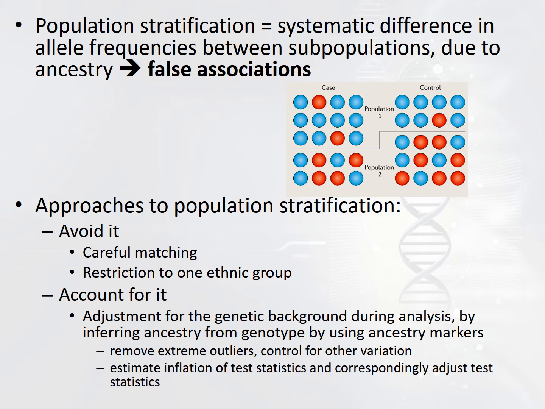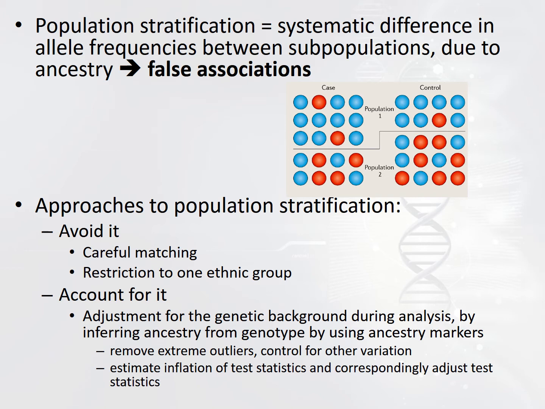The most obvious approach is to just avoid it, and that means carefully matching the controls and the cases by subpopulation to avoid any kind of mismatched subpopulations. Or you can restrict your entire study to just one very narrow ethnic group.